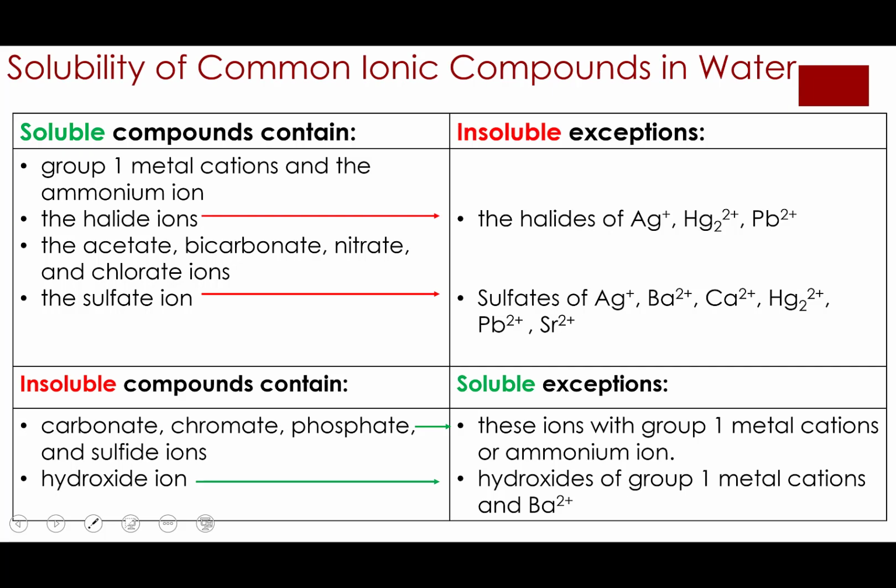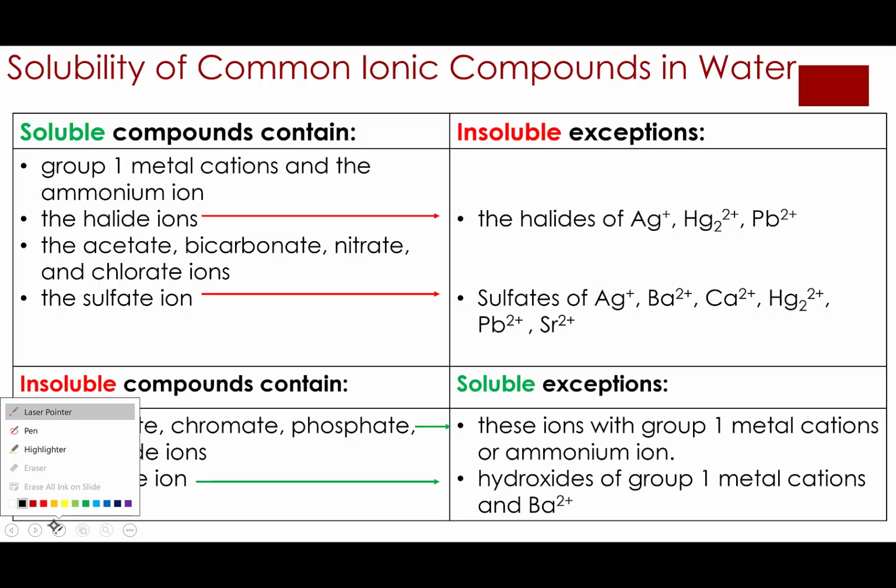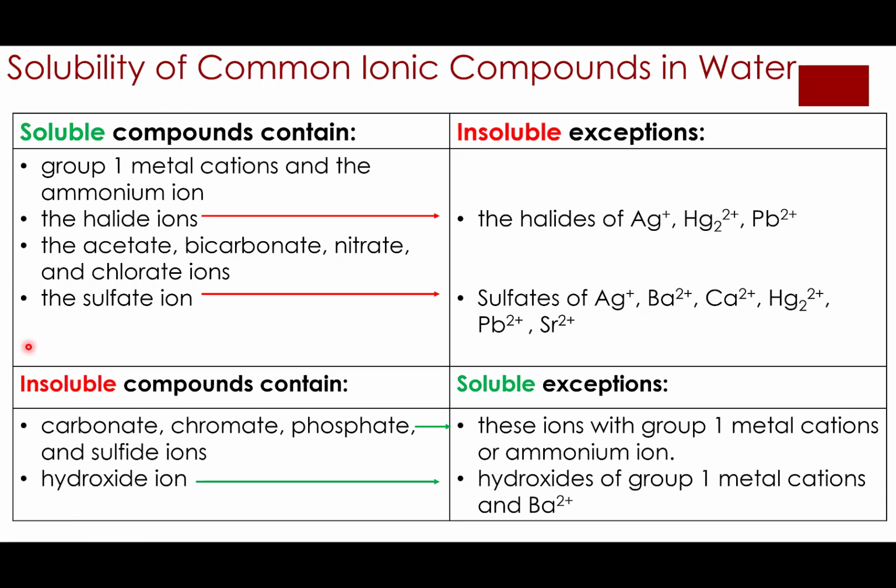So what we see here is kind of the top half of this table. The top half of this table is going to be compounds that are typically soluble. These compounds will be soluble, and then of course there are always exceptions to the rule, and the exceptions to the rule are over here on the left.